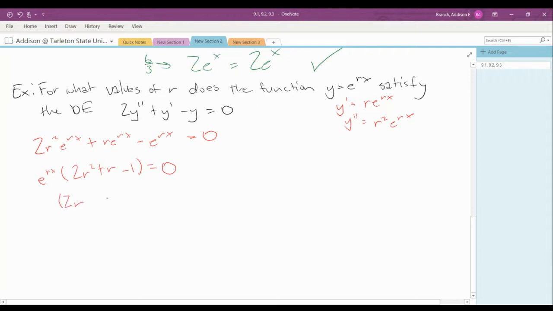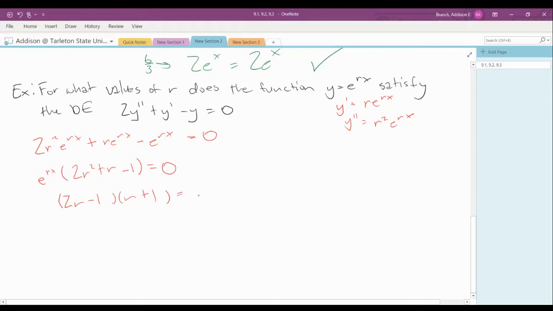Since we have a 2r squared, we need a 2r and an r, and we know we're going to have a minus 1 and a positive 1. So we can factor it out, getting a positive 1 here and a minus 1 here, and we get 2r squared plus 2r minus r minus 1.